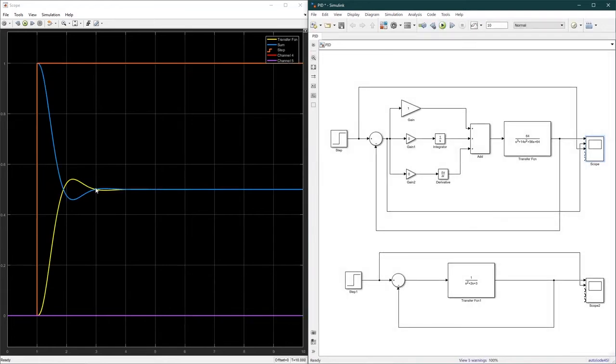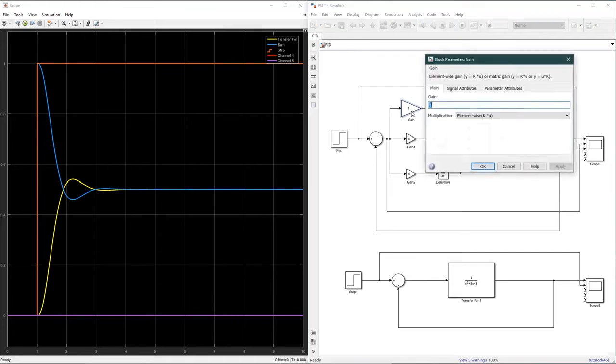The yellow graph is the output, the blue graph is the error, and the orange graph is the set point. Look at the yellow graph. The response is a bit underdamped, and this is the normal response for a closed loop. Okay, next adjust Kp until oscillation appears, around 8.